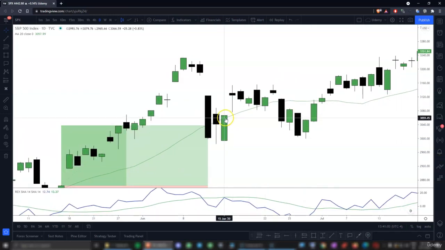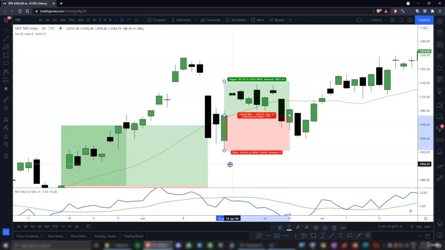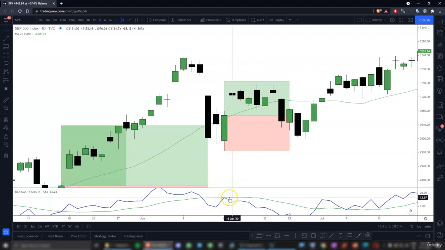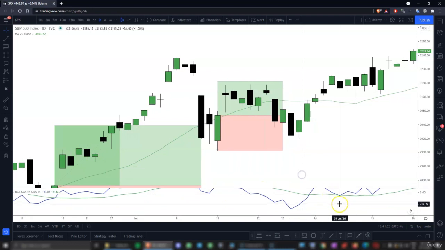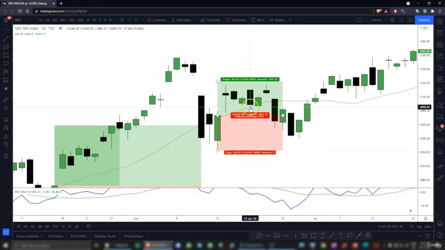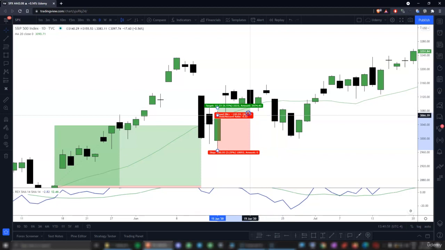Market closes below. Here you have a signal. Here you have the stop loss, and if you have your stop loss along the moving average after those 3 days, the trade will end up around here somewhere.